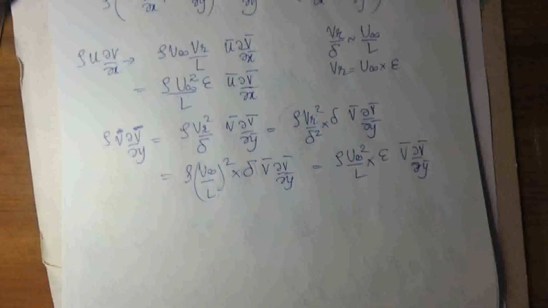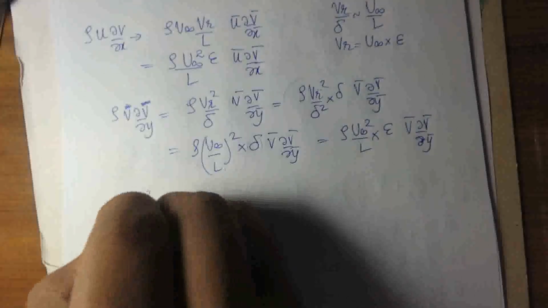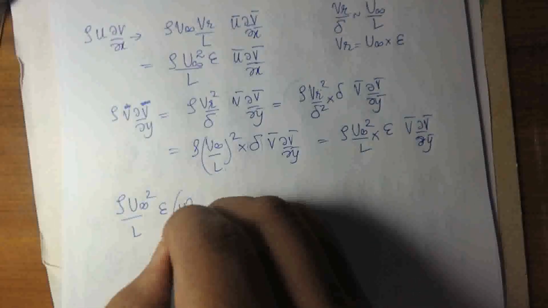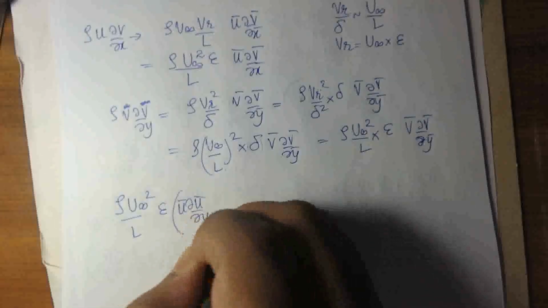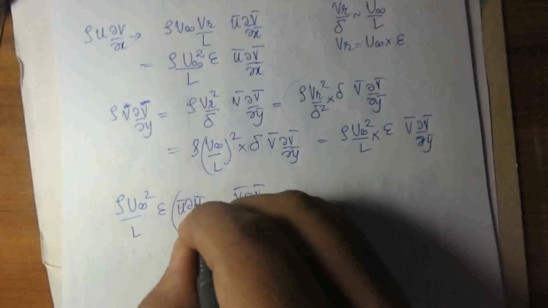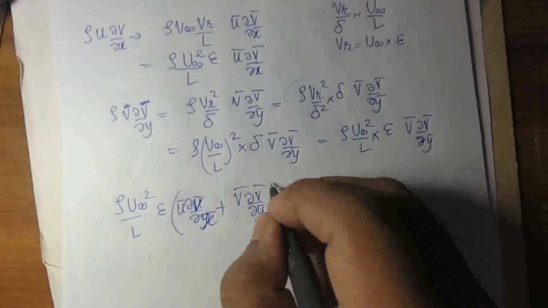So both the terms on the left hand side have the same order of magnitude, which is basically rho u infinity square by L times epsilon u bar del v bar by del x bar plus v bar del v bar by del y bar.